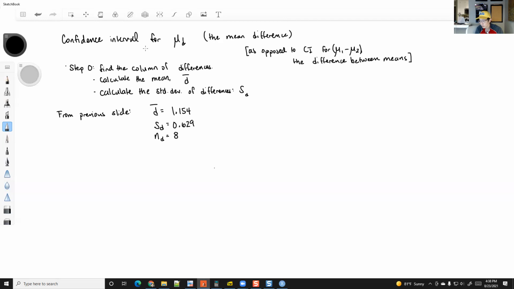Your confidence interval formula is basically the same as a confidence interval for one sample.